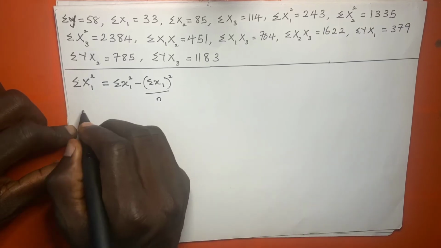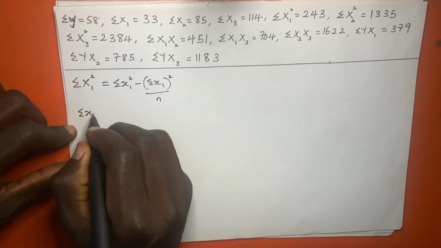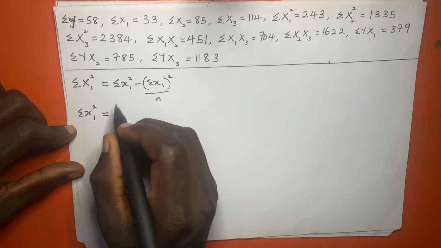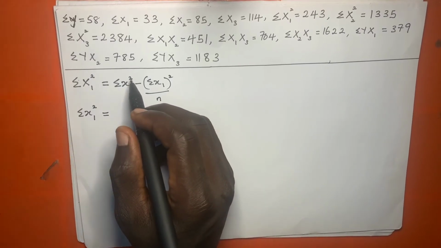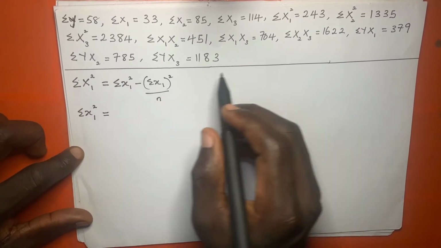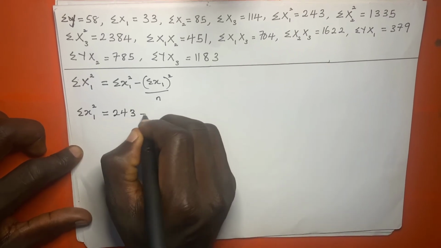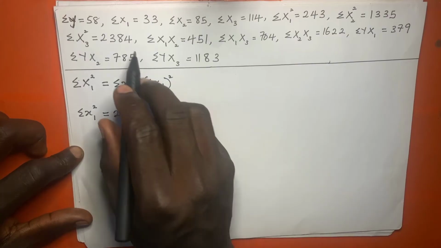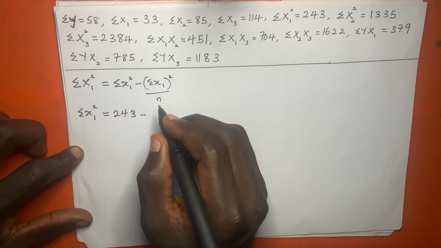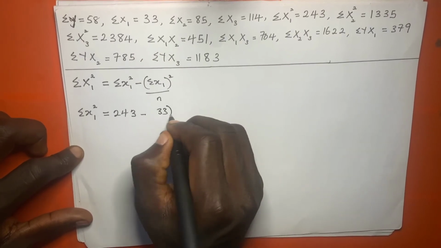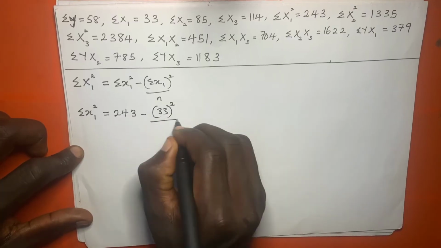So we have 243 minus summation x1, which here is 33, so 33 all raised to the power 2 divided by n.